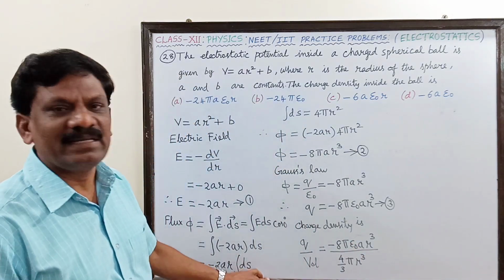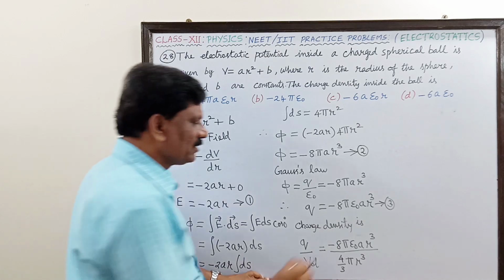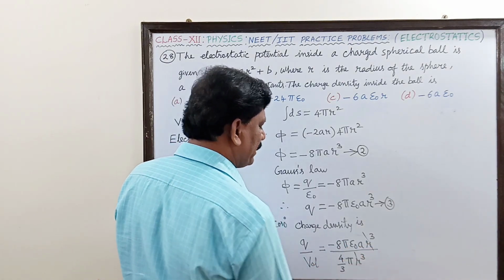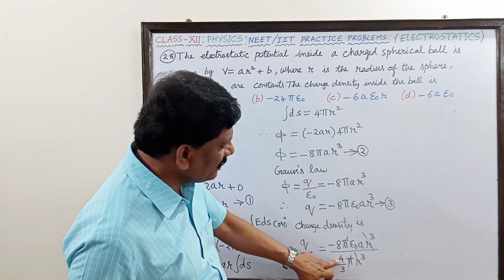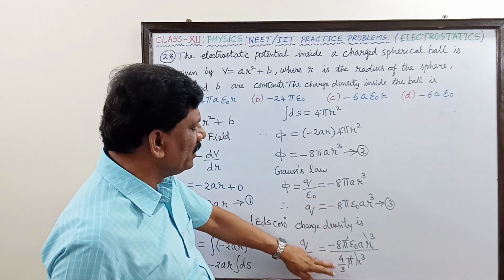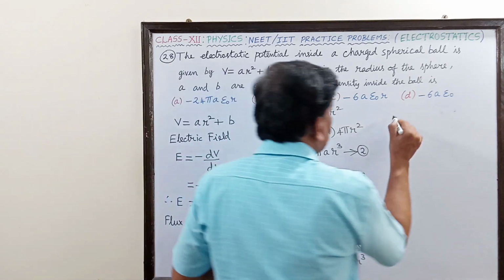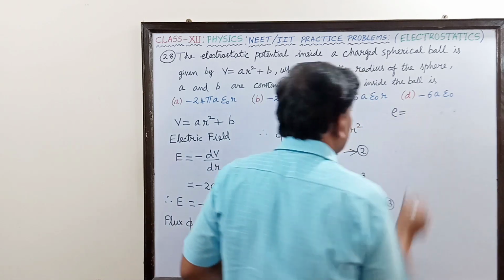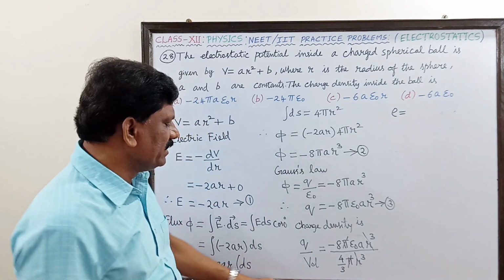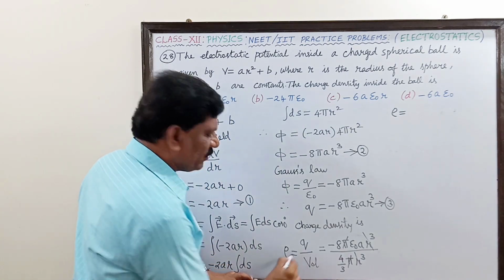Okay, some of the terms get cancelled. First r cube and r cube get cancelled. Pi term also gets cancelled. Then this 4 by 3 will come as 8 into 3. So we can use the symbol rho, volume charge density.